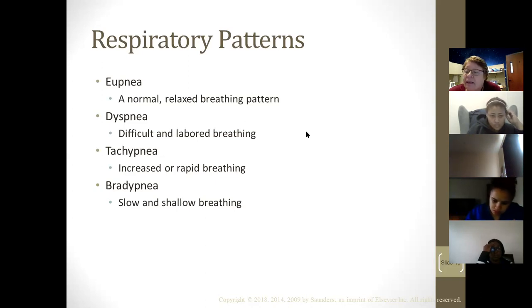Tachy is the same as when you are tachycardic, your heart rate's too fast. Tachypnea is your breathing is too fast. And bradypnea means it's too slow. Normal respirations are between 12 and 20 respirations per minute.